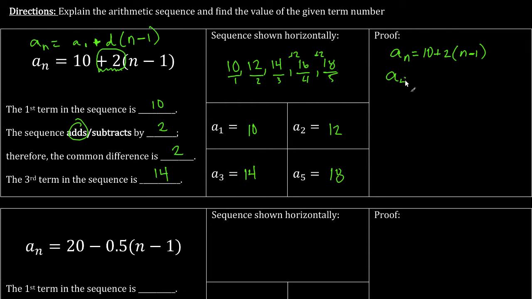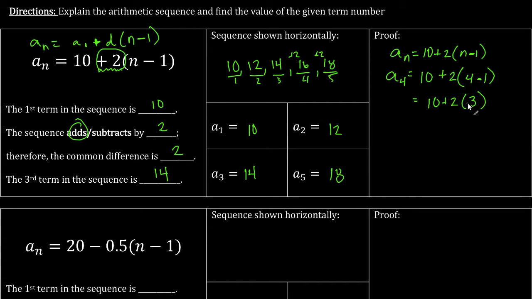Term 4, which is 16, should be 10 plus 2 times the term number, which was 4, minus 1. So we get 10 plus 2 times 3.